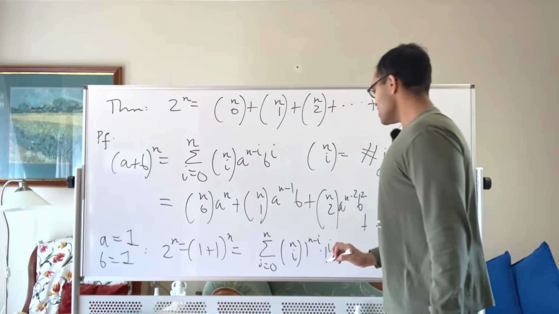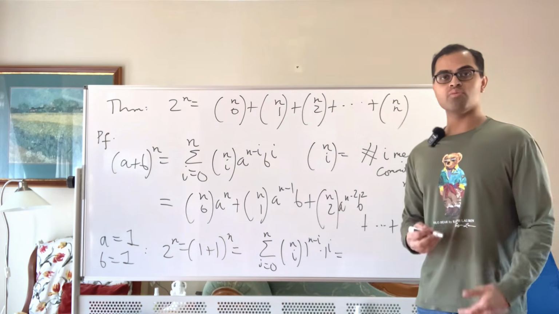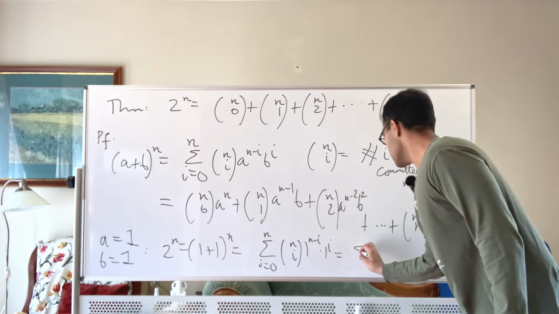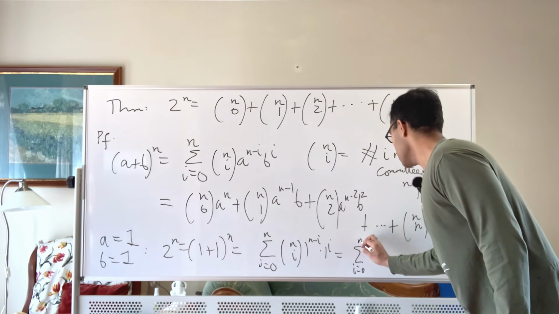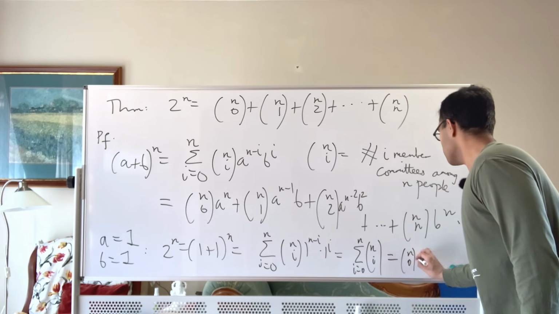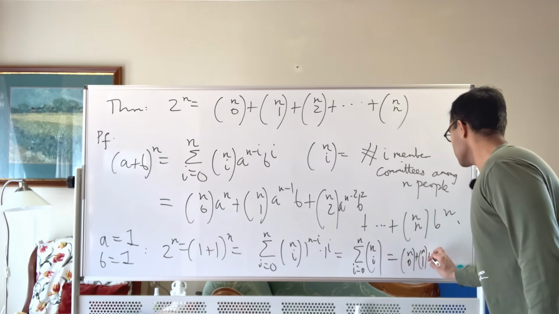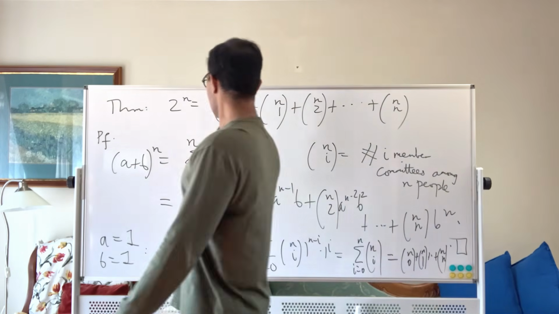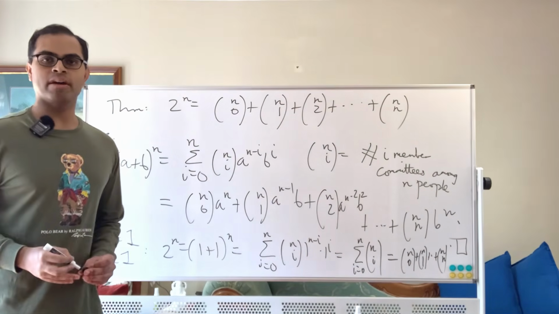And of course 1 to the n minus i times 1 to the i is just 1 to the n, which is just 1. So this is equal to the sum, i equals 0 to n, of n choose i, which is just n choose 0 plus n choose 1 plus all the way up to n choose n. So that's the proof of that theorem, it just follows from the generalized binomial theorem.